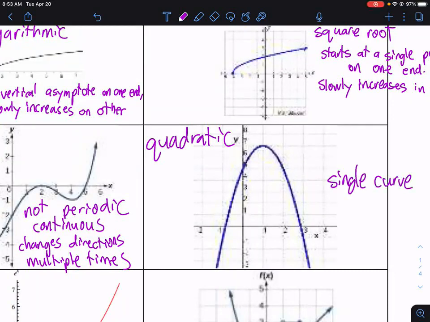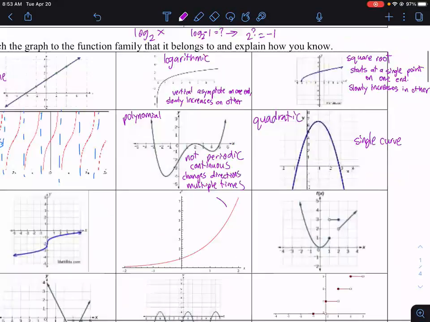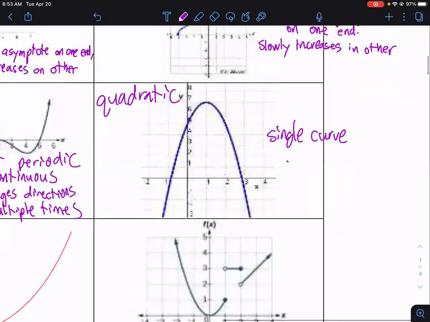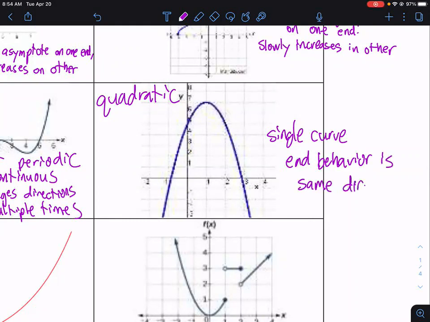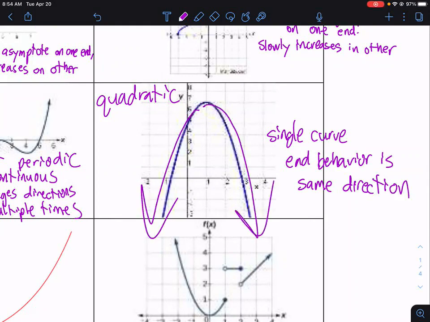You can say it's a single curve, but that could sort of describe this one also. So maybe I'll say the end behavior is the same direction, because this end goes downward forever, and this end also goes downward forever.